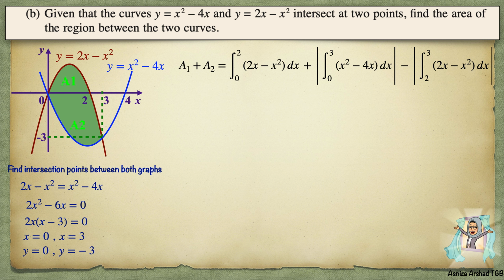We have to subtract the area between the curve y equals 2x minus x squared and the x-axis.